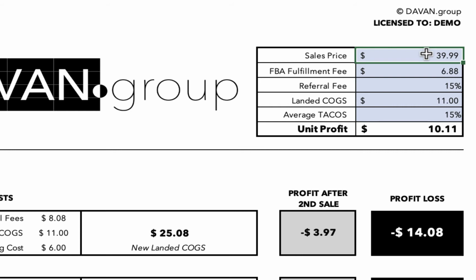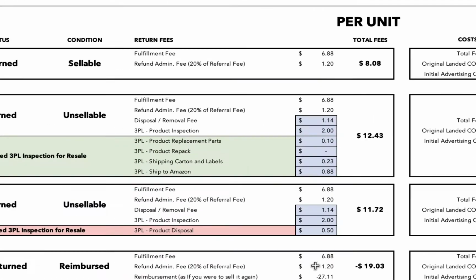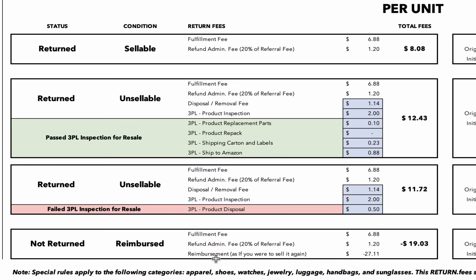But we don't get that $39.99 back. Let's take a look at what we actually get back. Amazon says we're only going to reimburse you as if you were to sell it again. Okay? And if you're going to sell it again, well, then we would probably fulfill it for you and we're going to charge you those fulfillment fees, even though there was nothing to fulfill. This is absolutely insane.